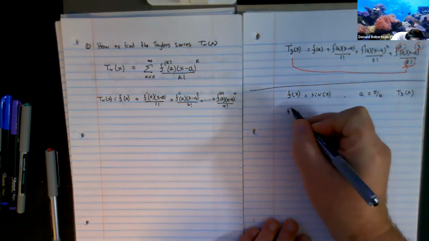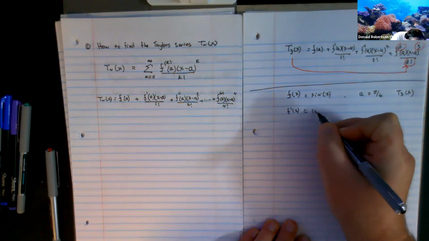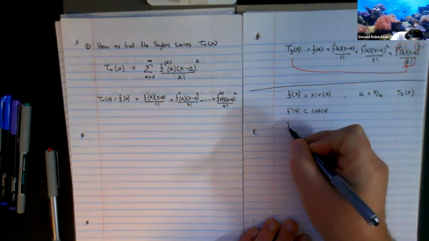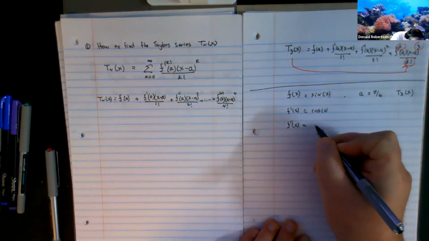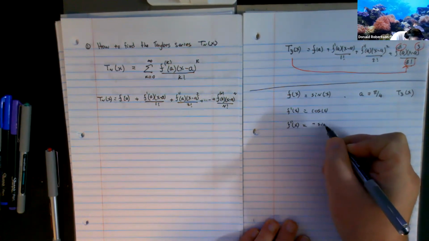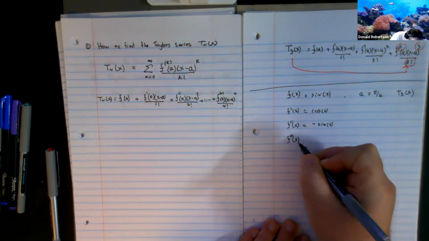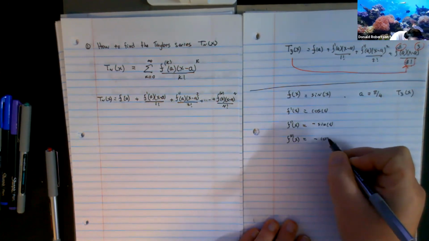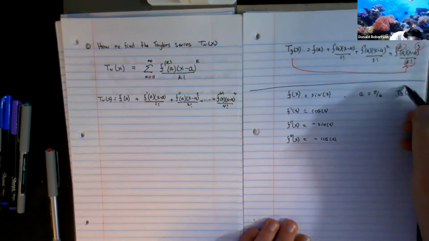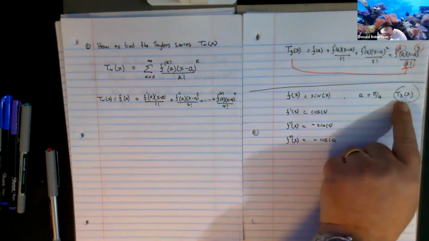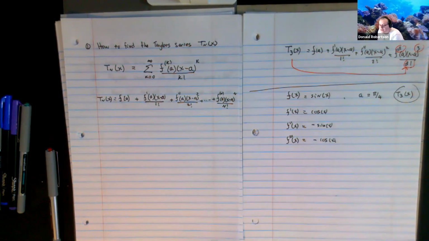I'd find the first derivative. I'd find the second derivative. And I'd find the third derivative. And I know that that's as far as I need to go because T3 of x uses up to and including the third derivative, right?